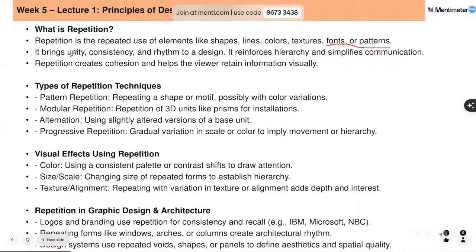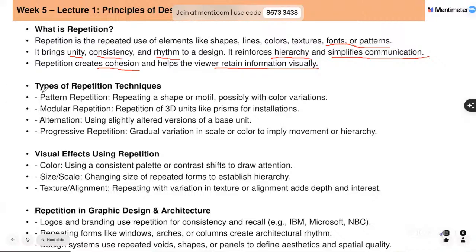We are able to have a very unified, cohesive, consistent design, and it can also provide rhythm to the design. It reinforces hierarchy and simplifies communication. So repetition is one of the simplest principles of design, and it creates cohesion and helps the viewer retain information visually.